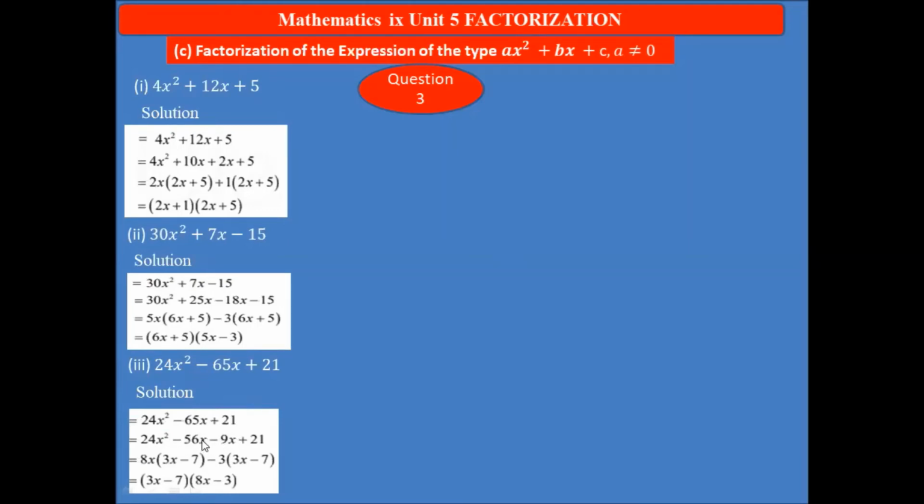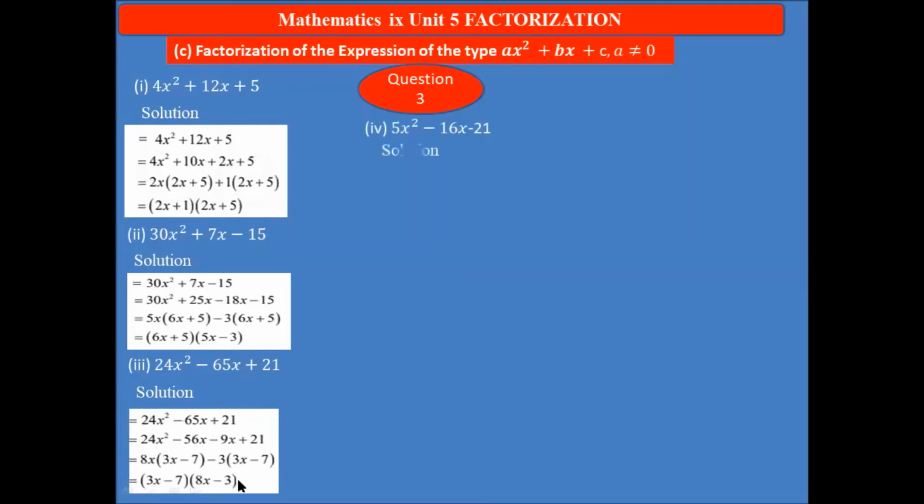So from the first two terms, we can take 8x as a common factor. So we are left with 8 times 3 is 24x and 8 times 7 is 56. So we have 3x minus 7. From the last two terms, we can take minus 3 as a common factor. So 3 times 3, 3 times 9, and 3 times 7 is 21. So we also have here 3x minus 7. So 3x minus 7 we can take common. So we are left with 8x minus 3.